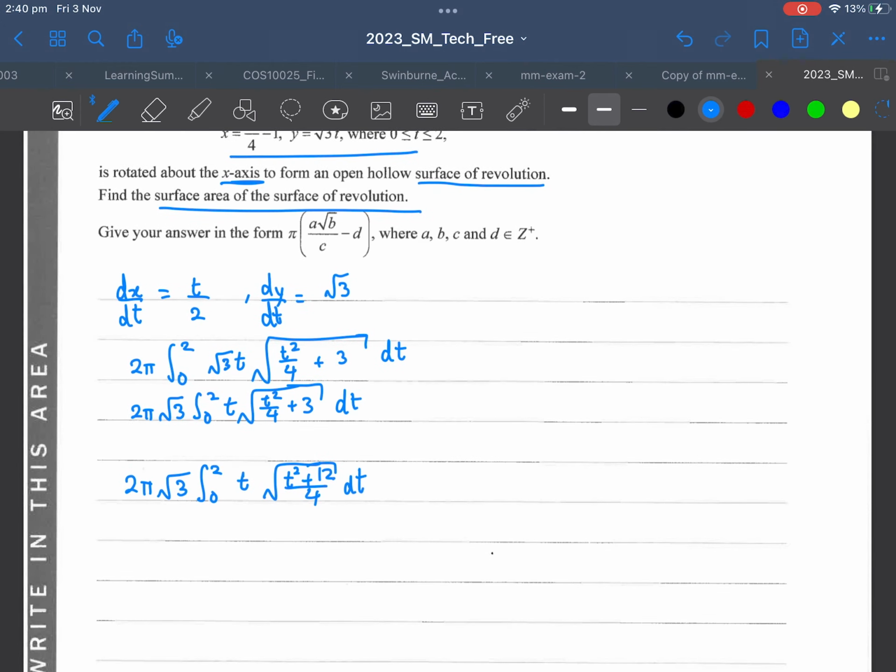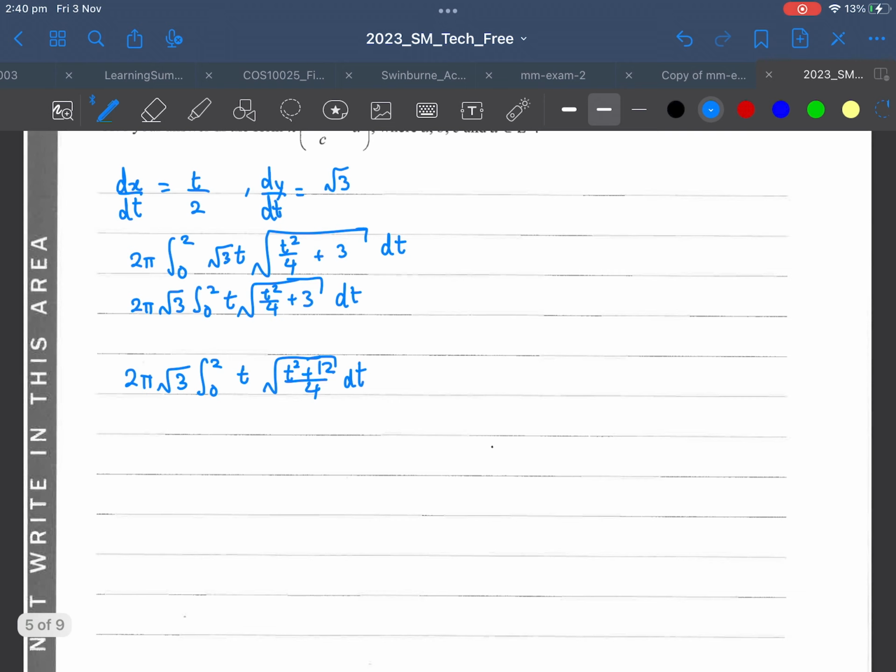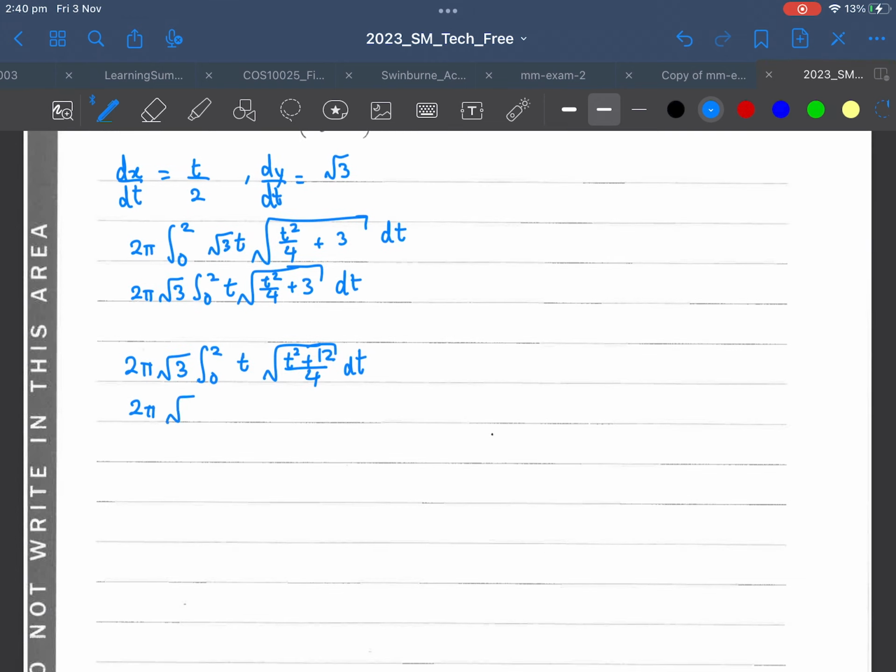Okay, and I'm going to now take the 4 out, so 2 pi square root of 3, 0 to 2, t on 2 times t squared plus 12 dt. Alright, and we will get pi square root of 3, 0 to 2, t times t squared plus 12 dt.